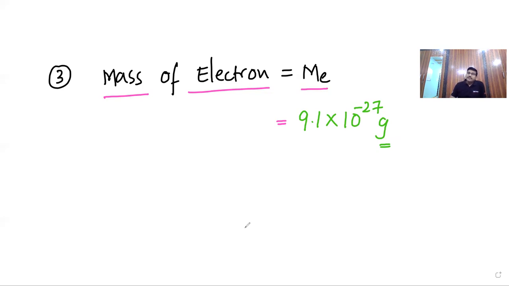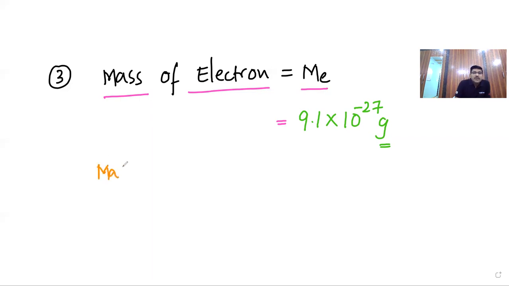Is it clear? And remember always, mass of electron is less than the mass of proton. Mass of proton is less than the mass of neutron. Clear? Okay.